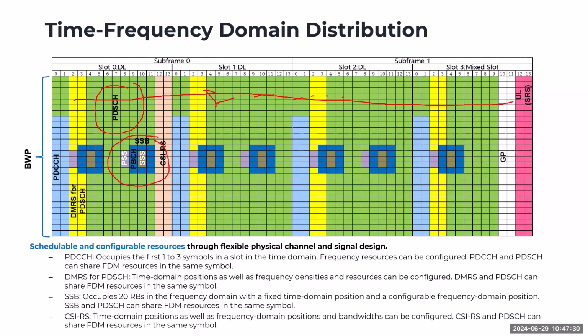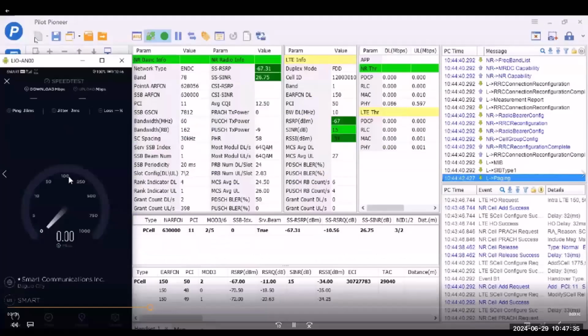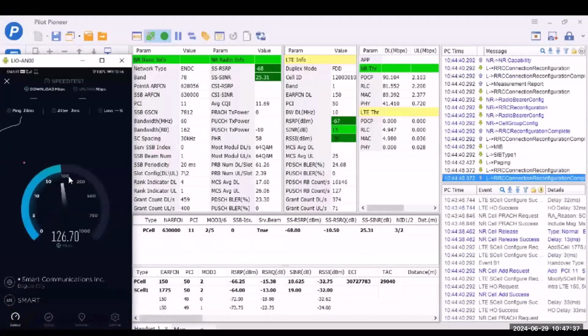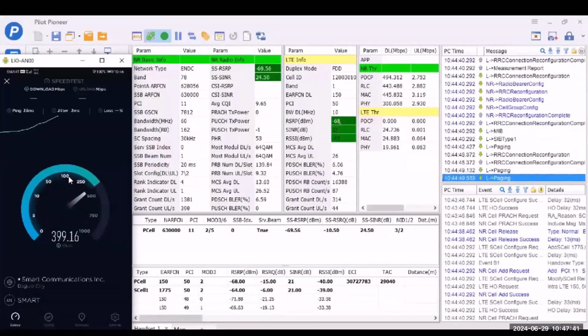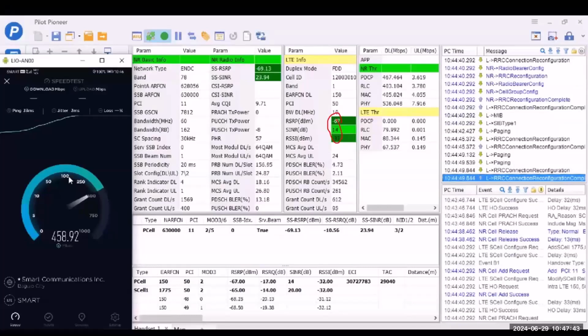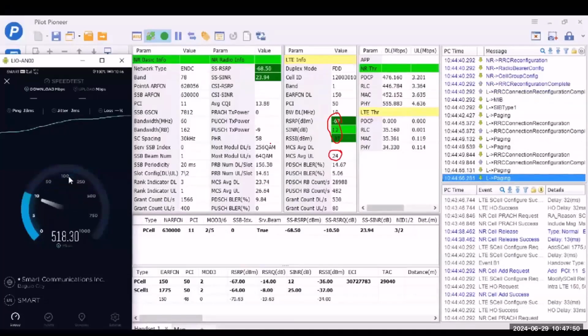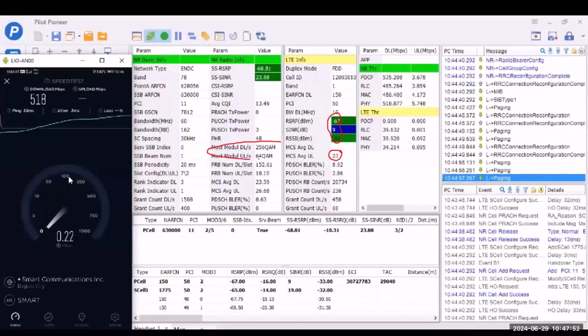Okay? So now you will have an idea. So kaya pala, during the testing, you will see here na meron tayong signal to noise ratio, signal, okay? And then you will see here as well kung ilan yung modulation order na ginagamit at ano yung modulation na ginagamit niyo.